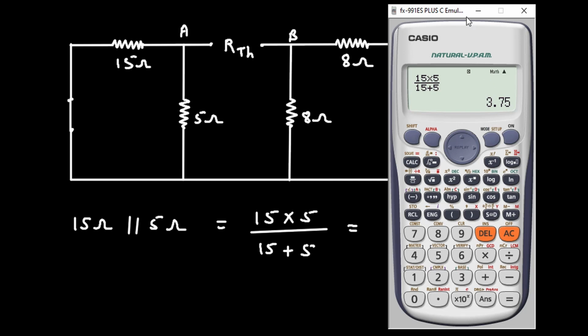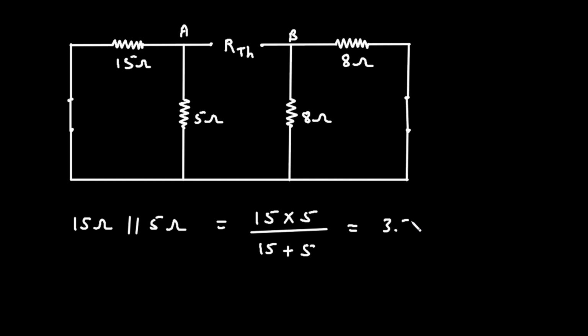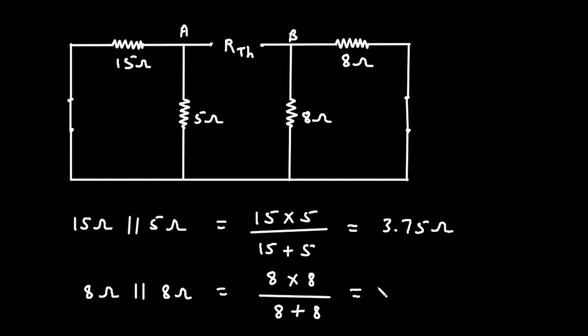So it is 3.75 ohm. Now here we can see this 8 ohm and 8 ohm are connected in parallel. So 8 ohm parallel with 8 ohm. This will be 8 into 8 divided by 8 plus 8. If we solve this, we get 4 ohm directly.